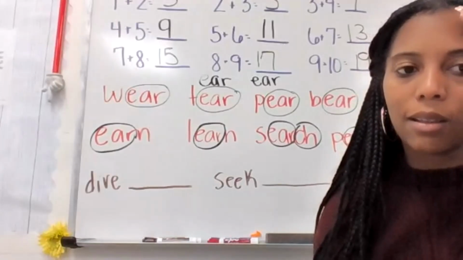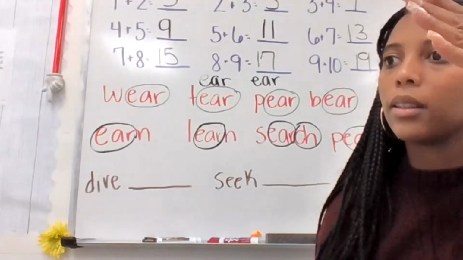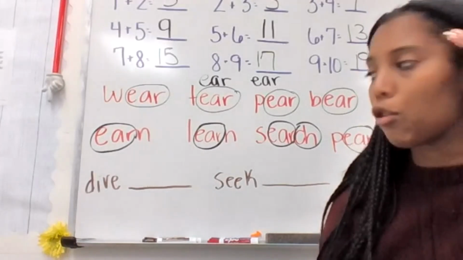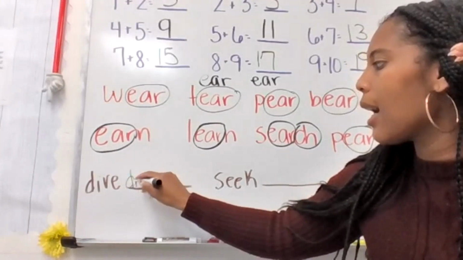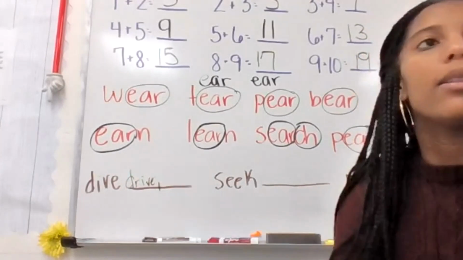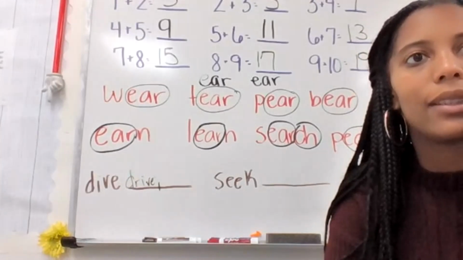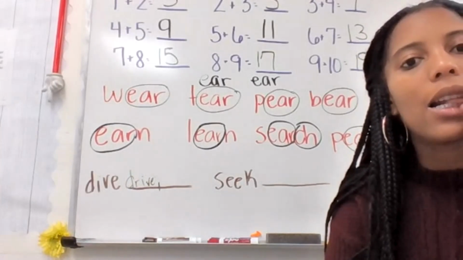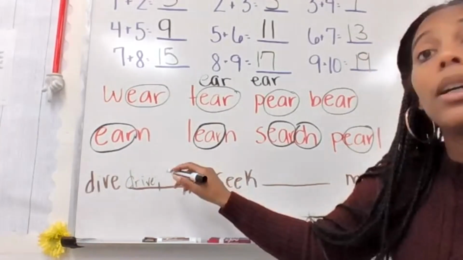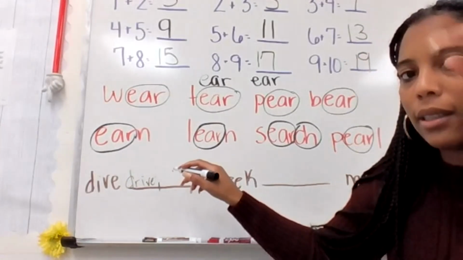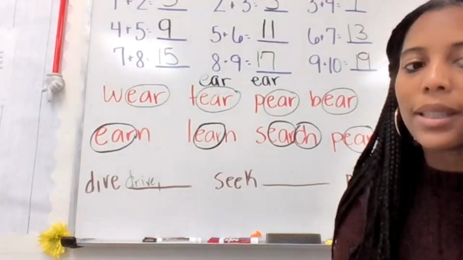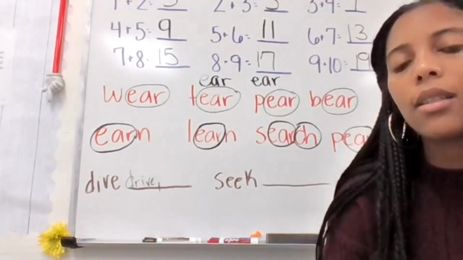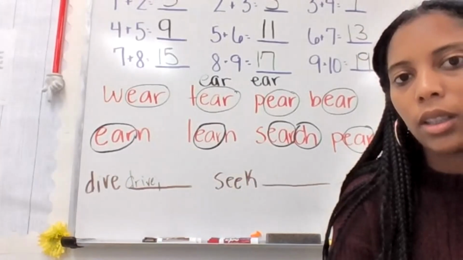Drive. Dive does not rhyme then. I say cry. Crive is not a word. What about pie? Not a word. They are rhyming, but these are not actual words.